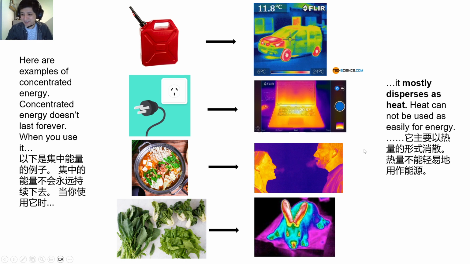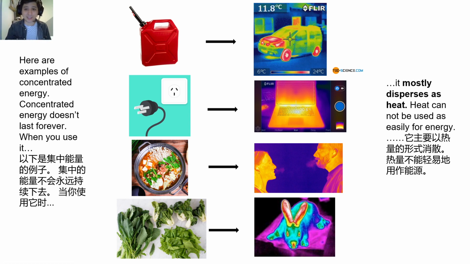It will escape at some point. So it starts out concentrated and usable. It is used, and then it spreads out as heat, and it's no longer usable. We cannot use heat for energy, or at least not very efficiently. That's why we don't try very often.